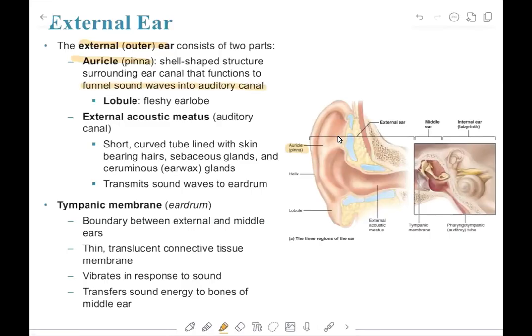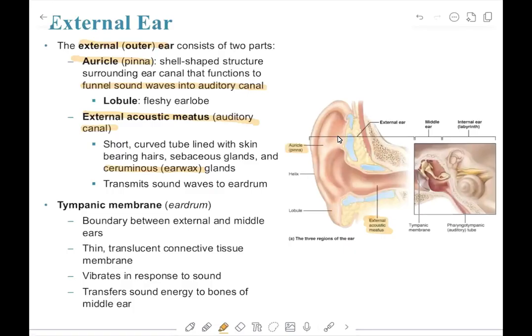And that auditory canal is also called the external acoustic meatus, and it's the second part of the external ear. Also, along the external acoustic meatus are ceruminous glands, which are a specialized type of sweat glands that produce earwax or cerumen.